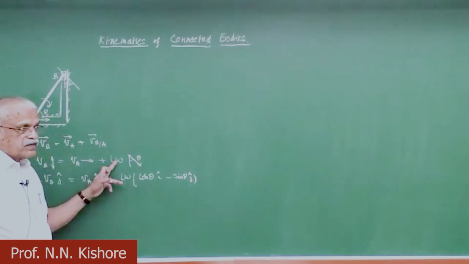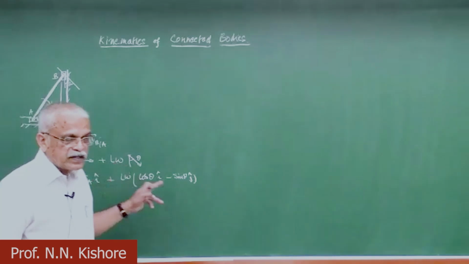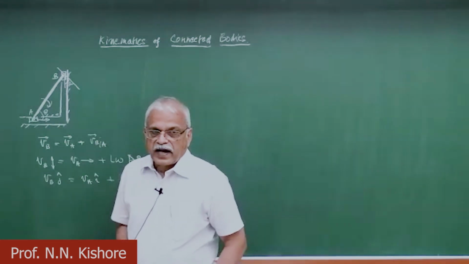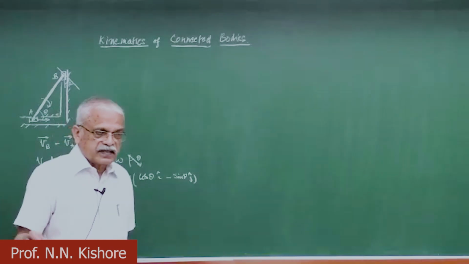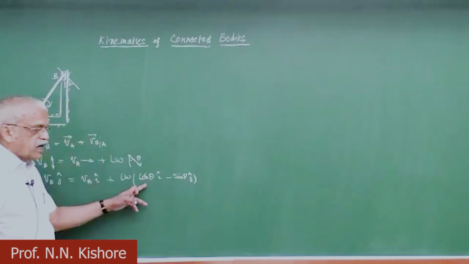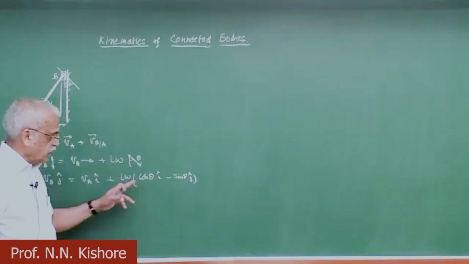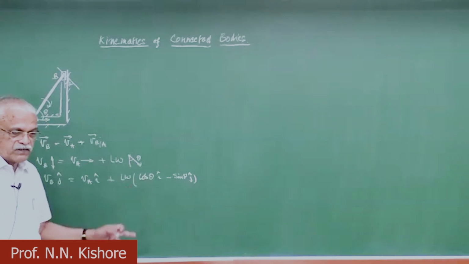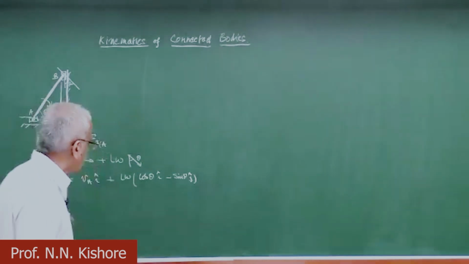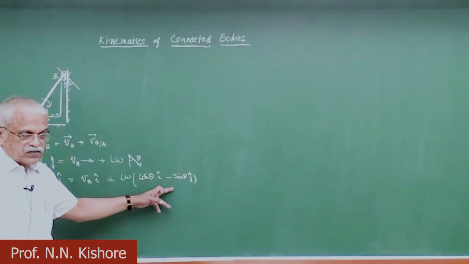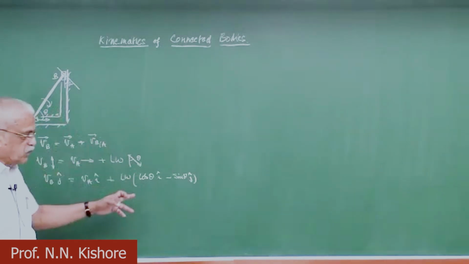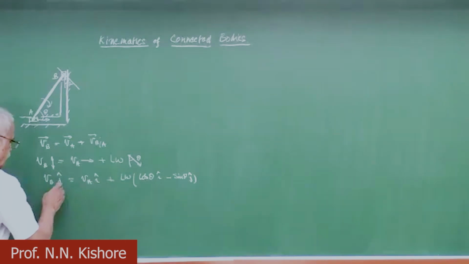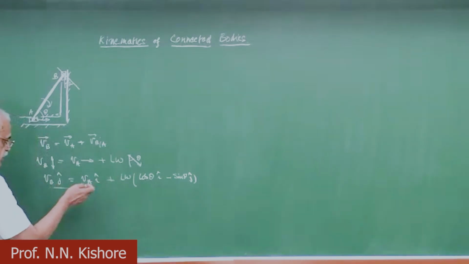Otherwise I should be writing it as omega k cross L cos theta i plus L sin theta j, which would have come anyway in this manner. Once you get used to this kind of thing, you can put this step in right away by examining this one.